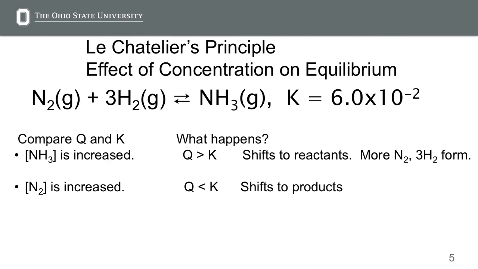So essentially what we're doing is thinking about the way that affecting the concentration of a reaction affects the outcome of the reaction. When we make a change to a reaction, there are a number of different things we can change, and how those changes affect the equilibrium is referred to as Le Chatelier's principle. So specifically looking at the effect of concentration on equilibrium, just for this reaction, which I still haven't written correctly. There we go.